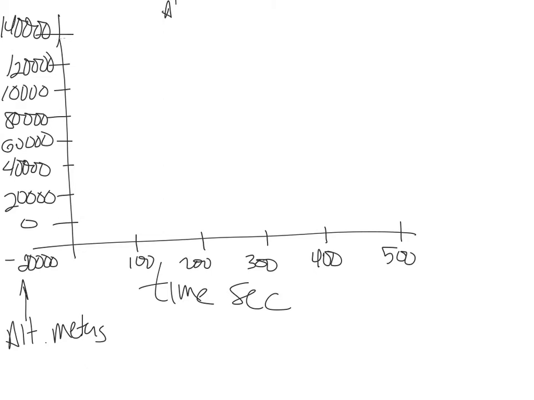So we're doing an altitude versus time graph in meters and seconds. All right, I'm going to plot some points. The first point I have, time 0, we're way up here. The next time I have, it looks like I am somewhere right about there.